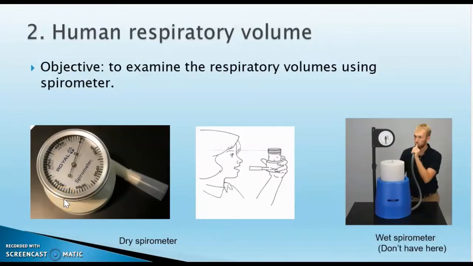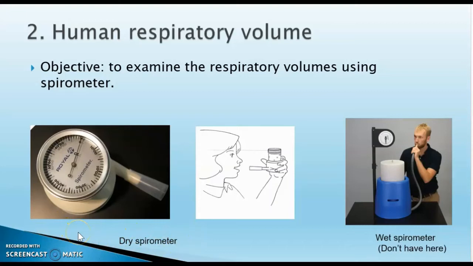Now we look at the measurements of human respiratory volume. The typical device that is used to measure human respiratory volume is called the dry spirometer.